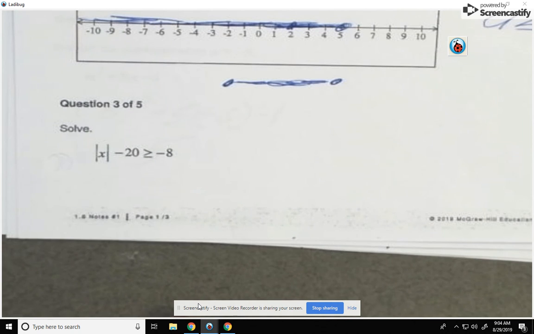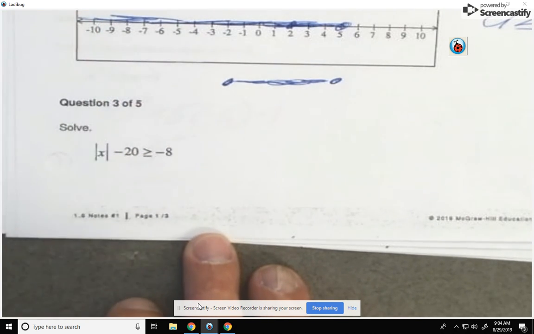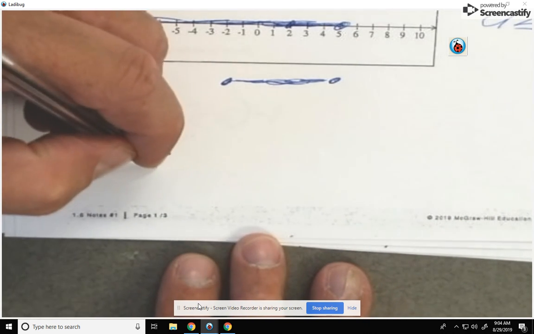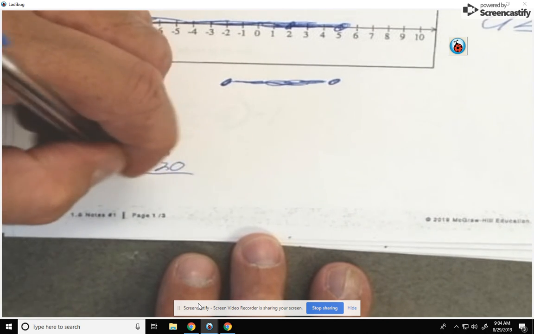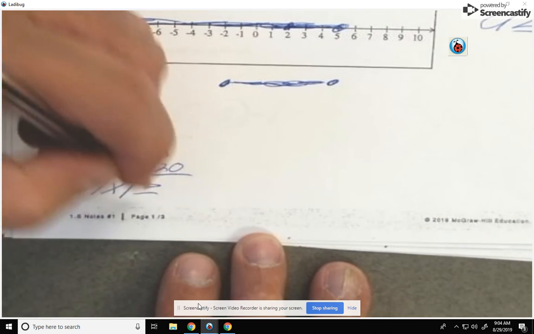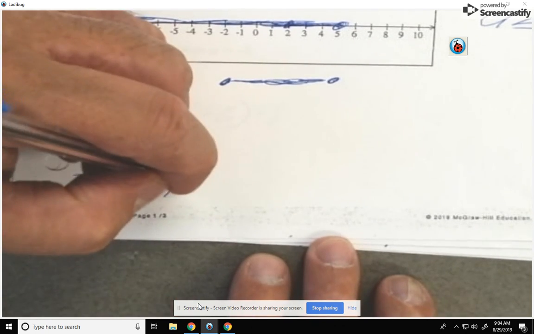Okay, question 3 asks us to solve this inequality. It's an absolute value, so we know from doing absolute values before that we get rid of any number outside of the absolute value symbol. So in this case, we have a -20, so we add 20 to each side to get the absolute value of x is greater than or equal to -8 plus 20 will give me 12.